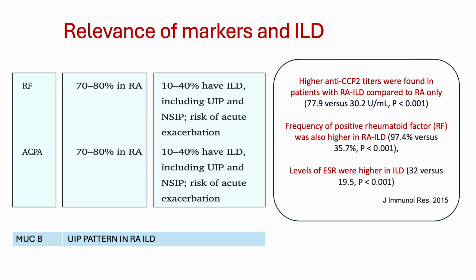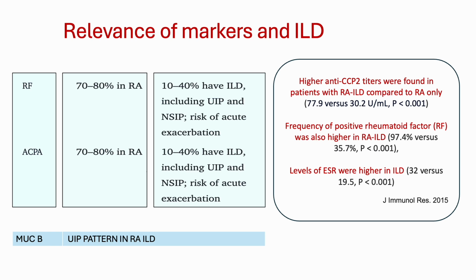What is the relevance of biomarkers? And in RA-ILD, as you all know, we commonly do RF factor for RA and anti-CCP antibodies. So both RF factor and anti-CCP are found to be higher in individuals who have RA-ILD versus individuals who have only RA. But is there a cutoff?